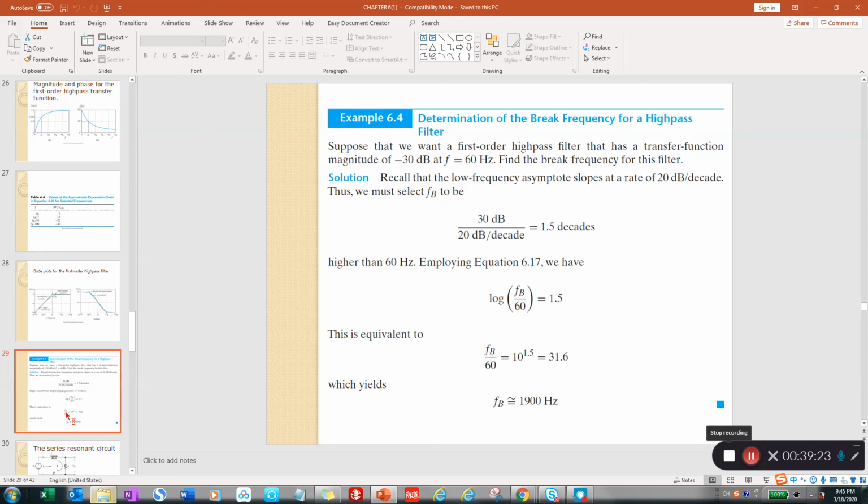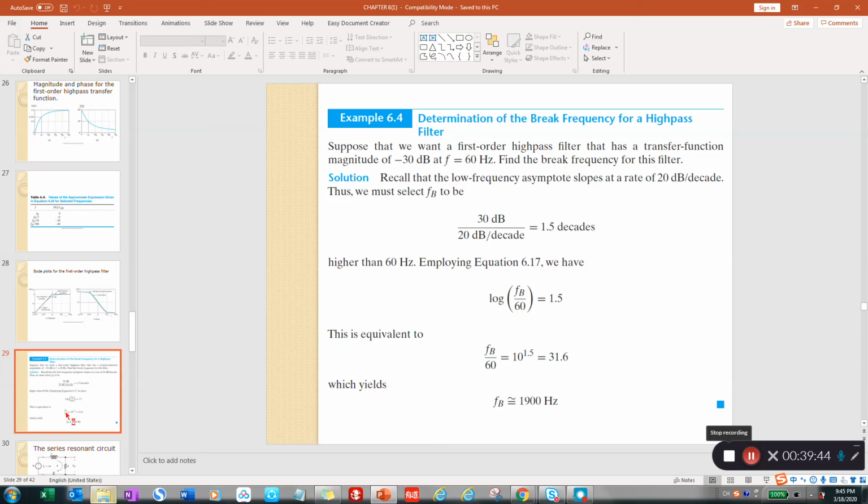Now let's look at an example. Determine the break frequency for a high-pass filter. If the high-pass filter has a transfer function magnitude of negative 30 dB at f equal to 60 Hz, find the break frequency for this filter.